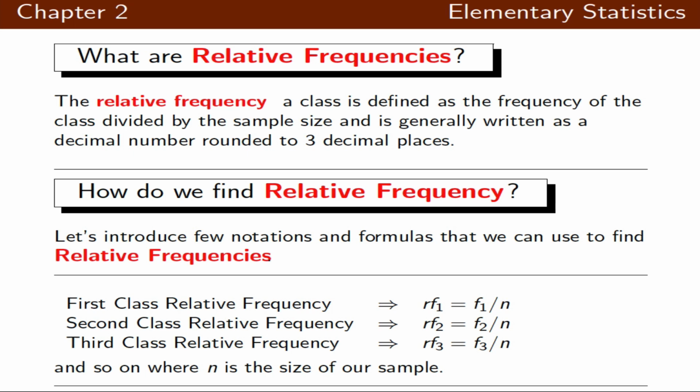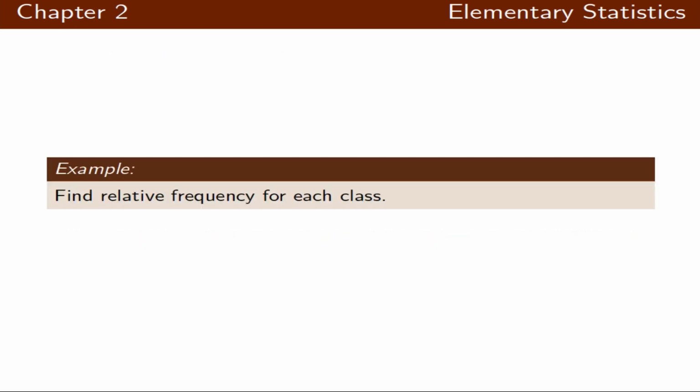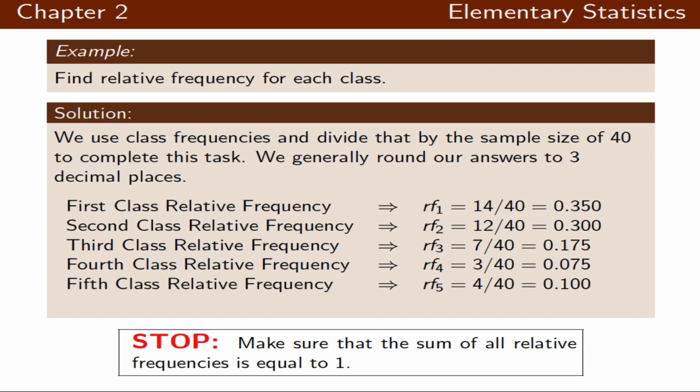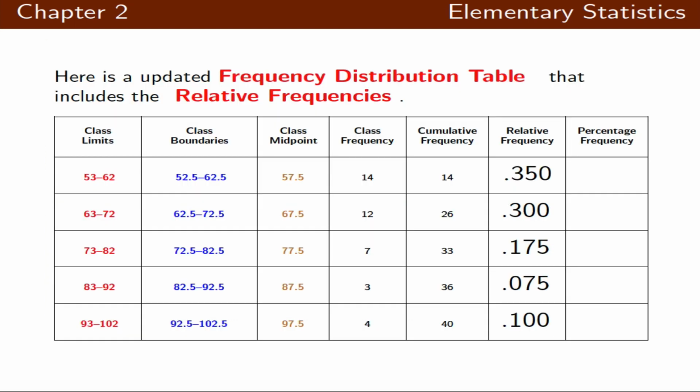Take the frequency of the third class divided by 40, which is going to be the relative frequency for the third class, and so on and so forth. And we're going to round our answers to 3 decimal places. Now, if we do everything correctly, then the sum of all relative frequencies should be equal to 1. So this is how our relative frequencies look like.